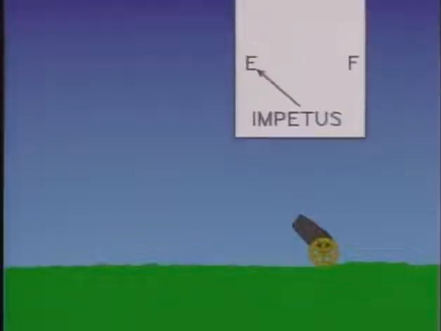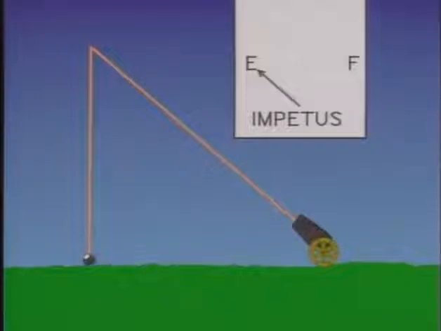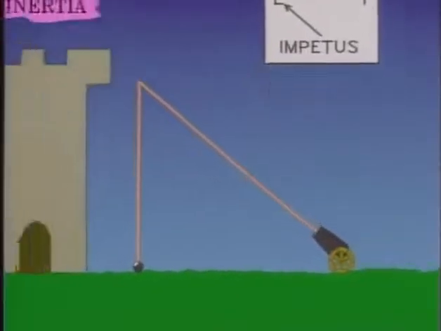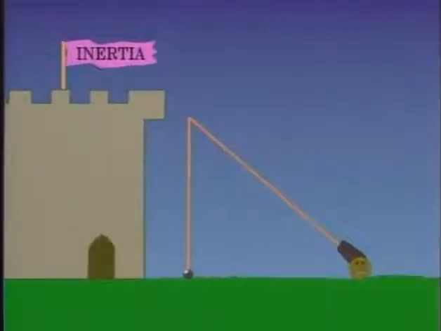Launching a projectile imbued it with a finite amount of impetus, which gave the object its motion. When its impetus was consumed, the object suddenly dropped to Earth. Impetus wasn't a bad idea, but it fell short of its target.